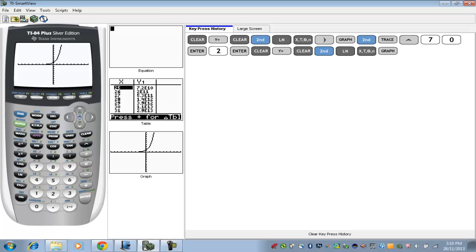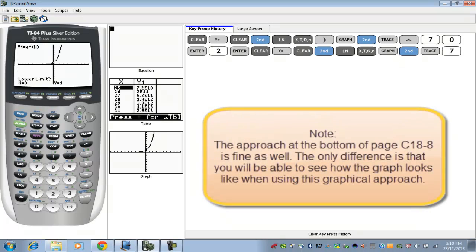So what I'm going to do is to call the function second calculate, go to number 7, where you see this integration of f(x) dx. Lower limit 0, upper limit 2, and this is the area under the graph, 6.389.